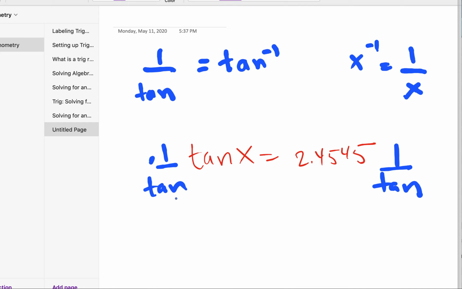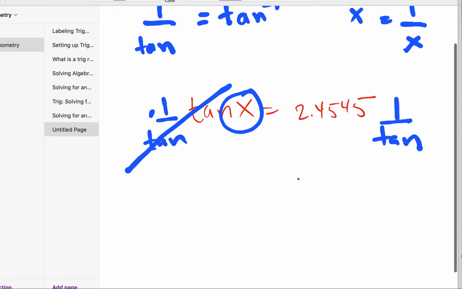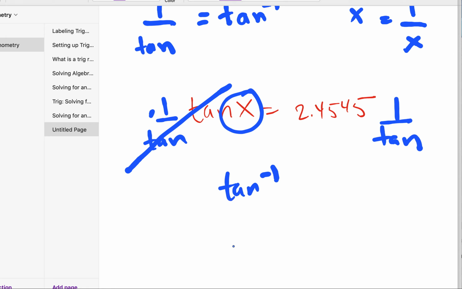Okay, but it looks nice in this case because whenever we divide something by itself, it cancels out. So now x is by itself. But we don't have this on our calculator button. So really, they prefer to use this as tangent to the negative 1. So tangent to the negative 1 is the same as dividing by tangent.